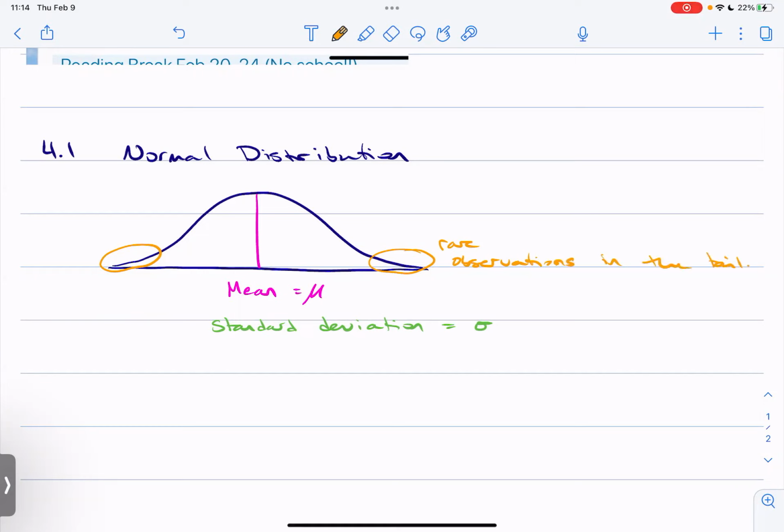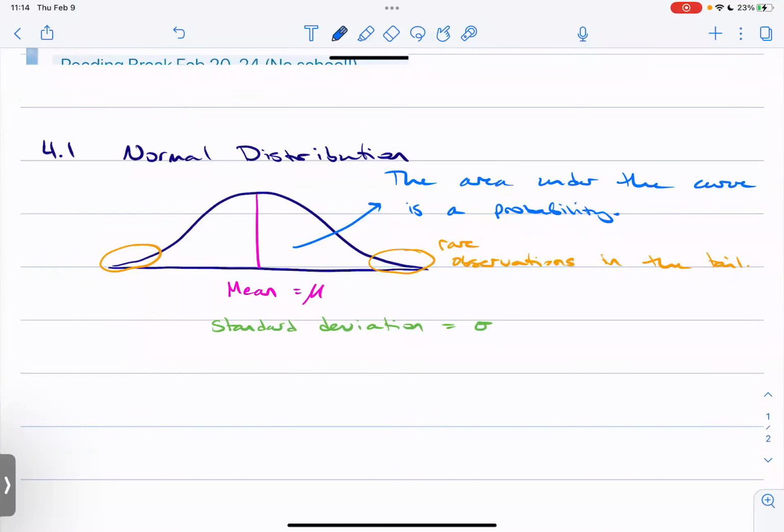Now, what am I leveraging here? We haven't said it, but the area under the curve is the probability. When we talk about rare observations, they're rare because very few of them happen.